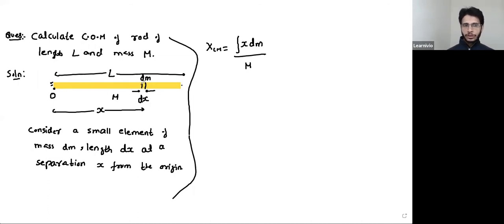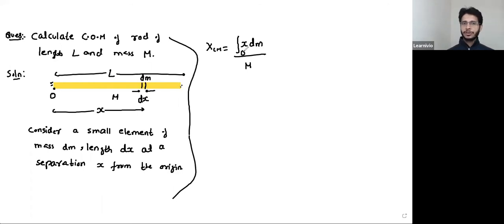I can choose this dm from the origin to this end of the rod. I cannot choose this dm beyond the rod because dm has to be a small portion of the rod. This has to be within the length of the rod.